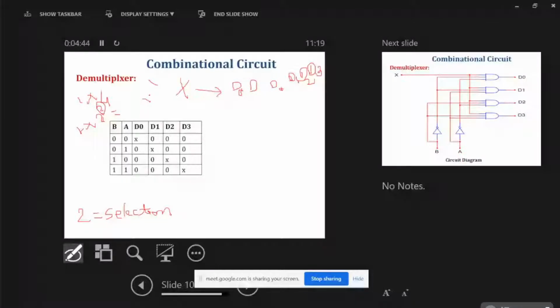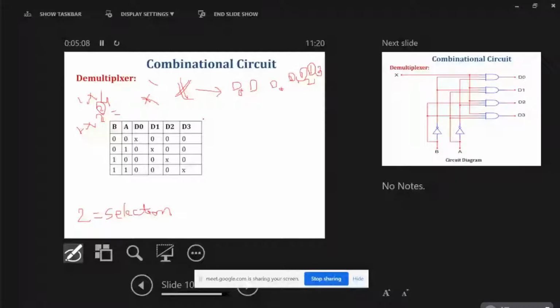So what we want is that this X will go towards D0, D1, D2 or D3. Since X is the input, it can come from any input side. This one single line is the output of the multiplexer.